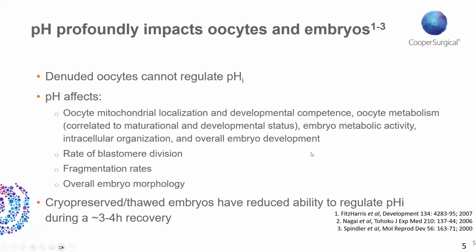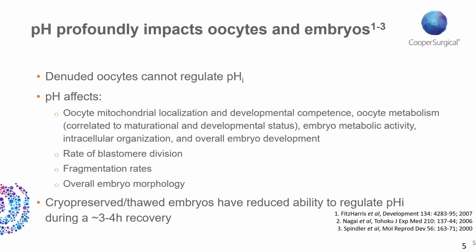And as you can see at the other end of the spectrum, we've got cryo warmed embryos nowadays with vitrification. They also lose their ability to regulate internal pH for about 3 to 4 hours after the warming process. And that has implications about where we put the embryos after we've done the vitrification.